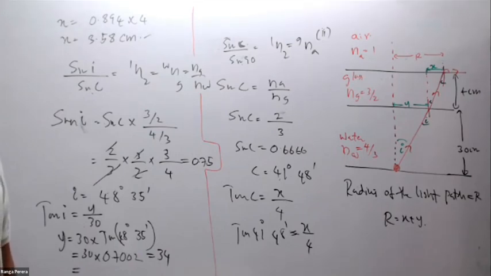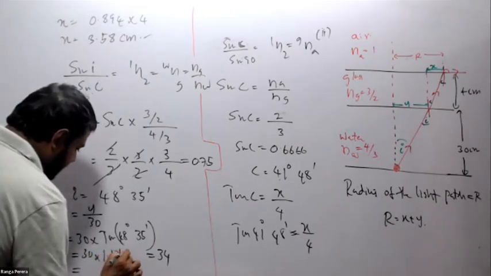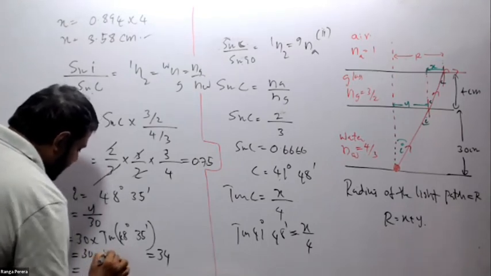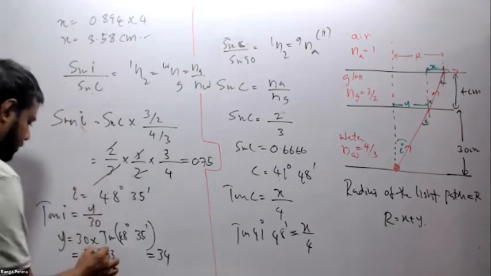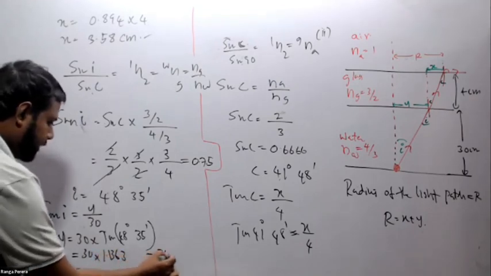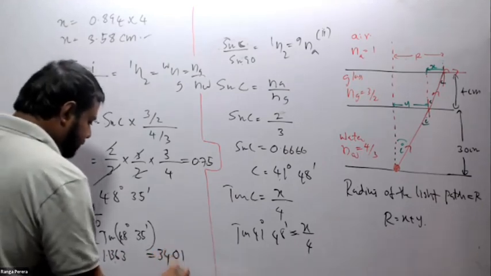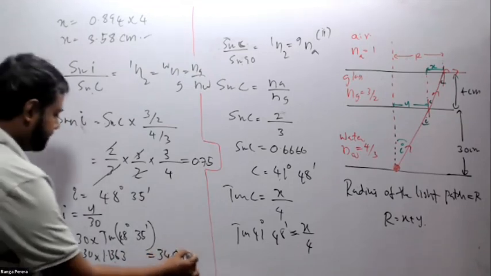I think 48 degrees 35 minutes gives more than that value. Yes, 1.1363. So then it becomes 34 something, 34.01. Y equals that many centimeters.